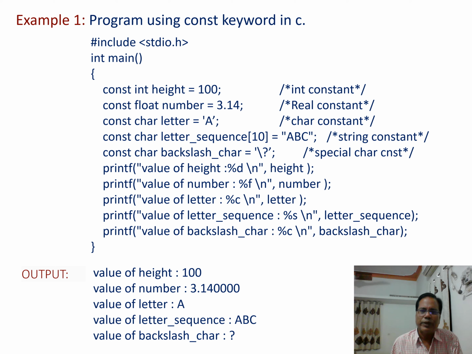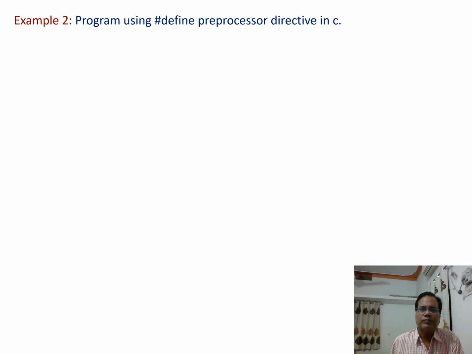This is used to print the question mark symbol, so that gets printed here. So this example shows how, using the const keyword, we define and declare and also assign the values of different constants used in C.